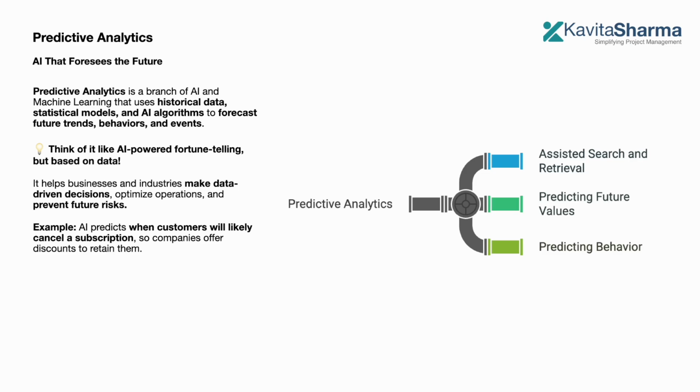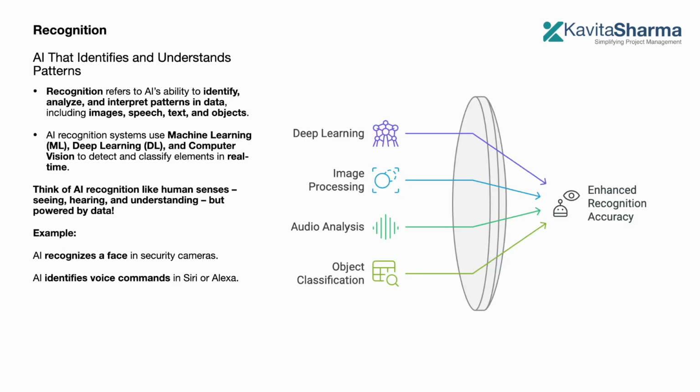The next AI, which is heavily used nowadays, is recognition: AI that identifies and understands patterns. AI was very weak in understanding pictures. It would not be able to understand human faces. But with the advancement of data storage and computing power, that has changed.